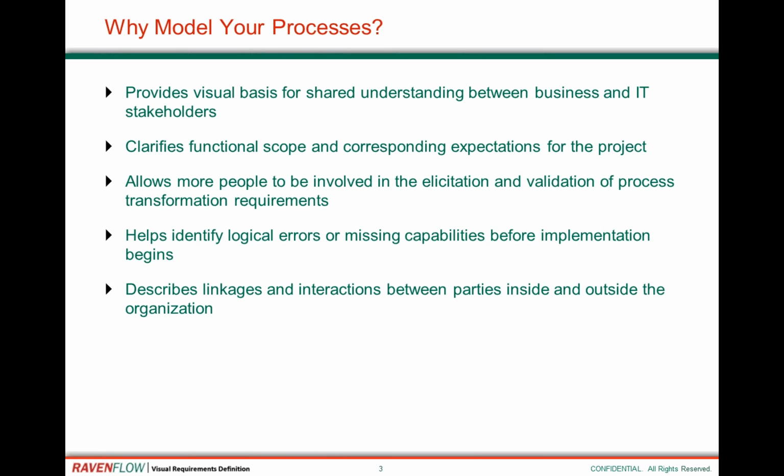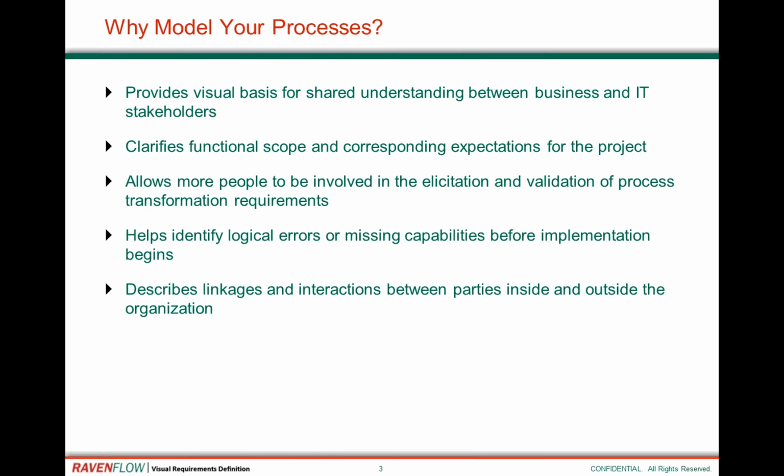It also provides a visual way of clarifying the functional scope of a given project, which provides a basis for managing expectations on both sides. So if business agrees that this is the way the business needs to change, and IT achieves that same understanding, then fundamentally the scope of the project is better understood than before.